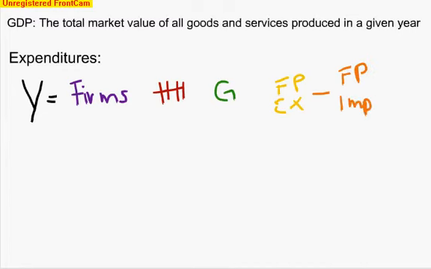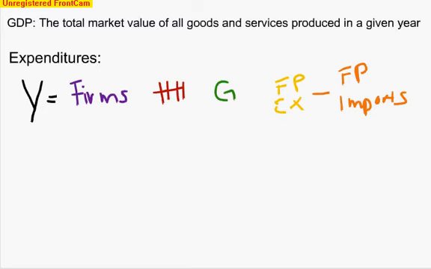So things that we are bringing in. So if we add all of these things up, the amount that firms, households, governments, and foreign purchases made on exports, and then we subtract the foreign purchases and imports, if we add all of those things together, we're going to get a better idea of our GDP.